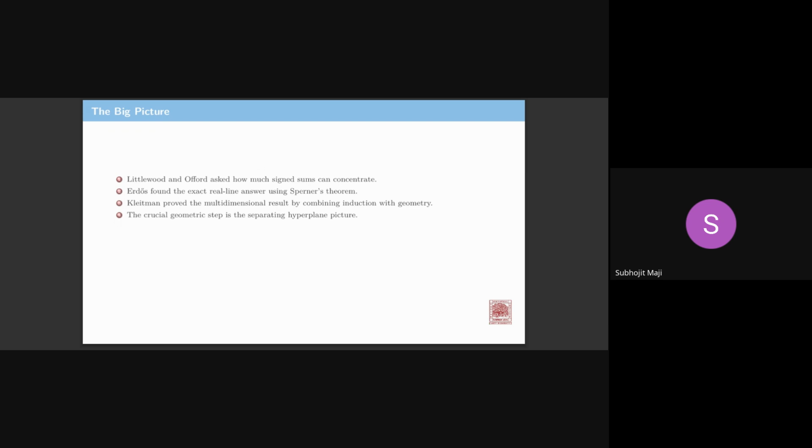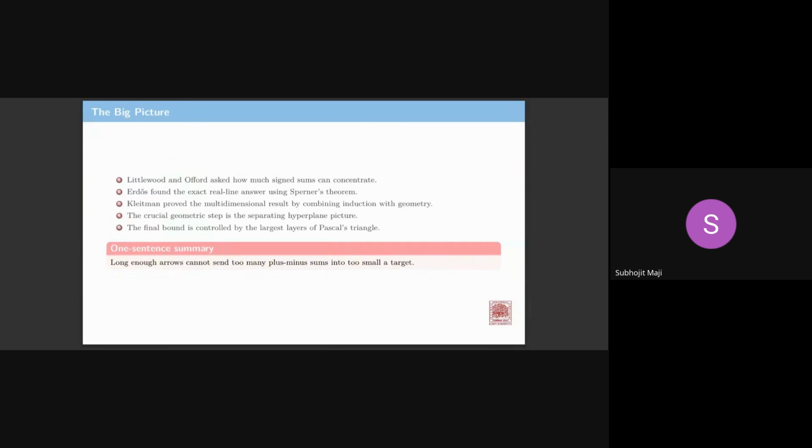In R2 it is called a plane, in d dimensions it is called a hyperplane, the wall that I mentioned, separating the picture. And the final bound can be controlled by the largest layers of Pascal's triangle, that is, the k largest binomial coefficients. So even if you start with very long arrows, you cannot send too many plus and minus signs into a small target, right?